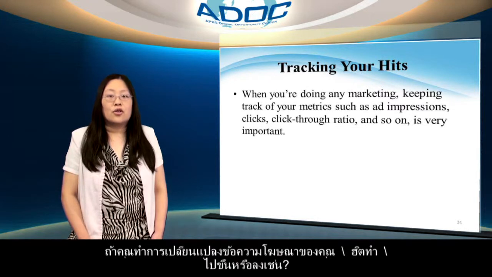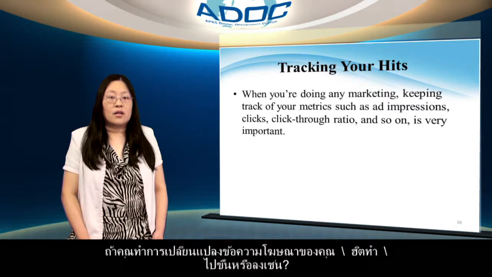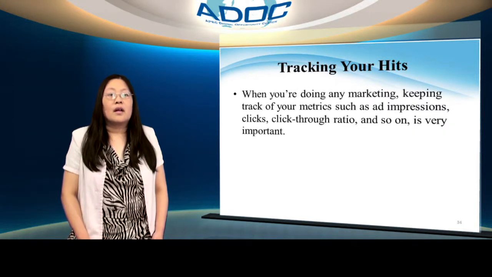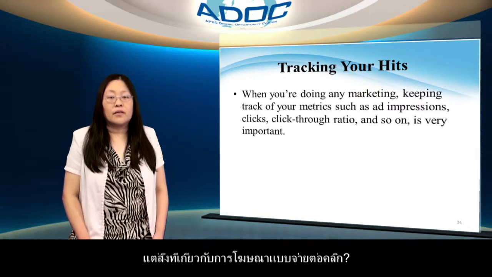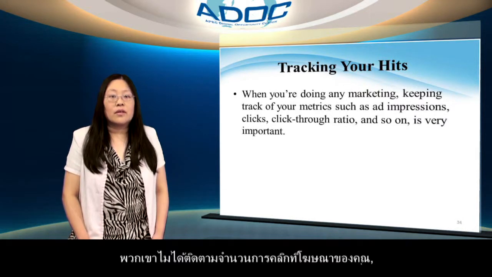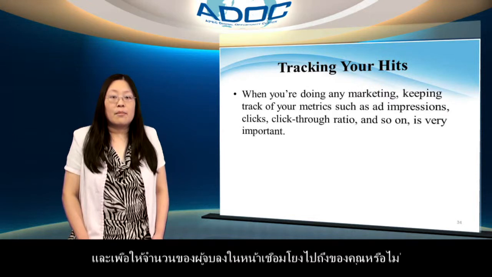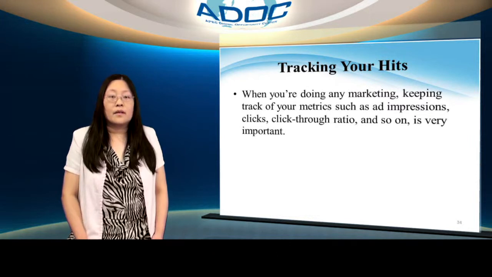If you make a change to your ad text, do the hits go up or down, for example? But what about pay-per-click advertising? Don't they track the number of clicks on your ad and so the number of people who end up on your landing page? Yes and no.